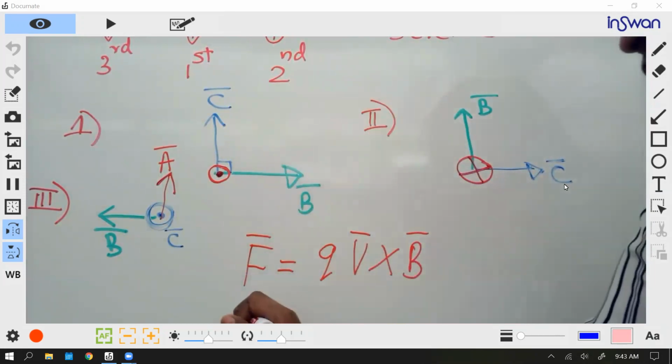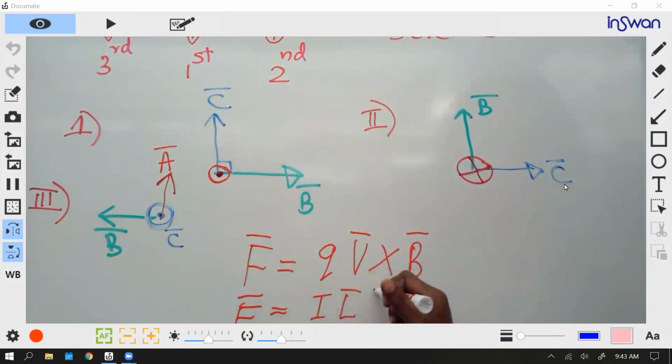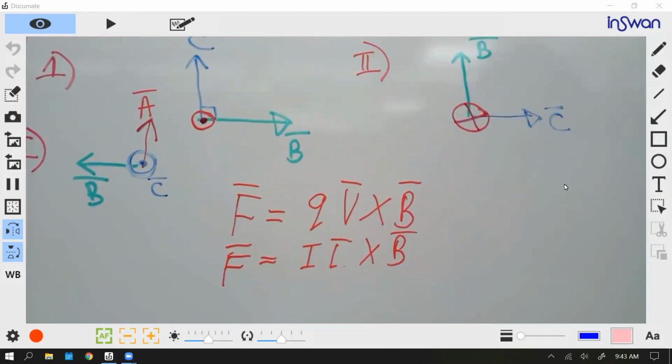Another one is that your force direction will be equal to I times the length of the wire within the magnetic field. In these two cases, since I have the cross product, I am going to use my right hand rule to find the direction of the force. So you can practice this before you come to class, and then we can do some more examples on that.